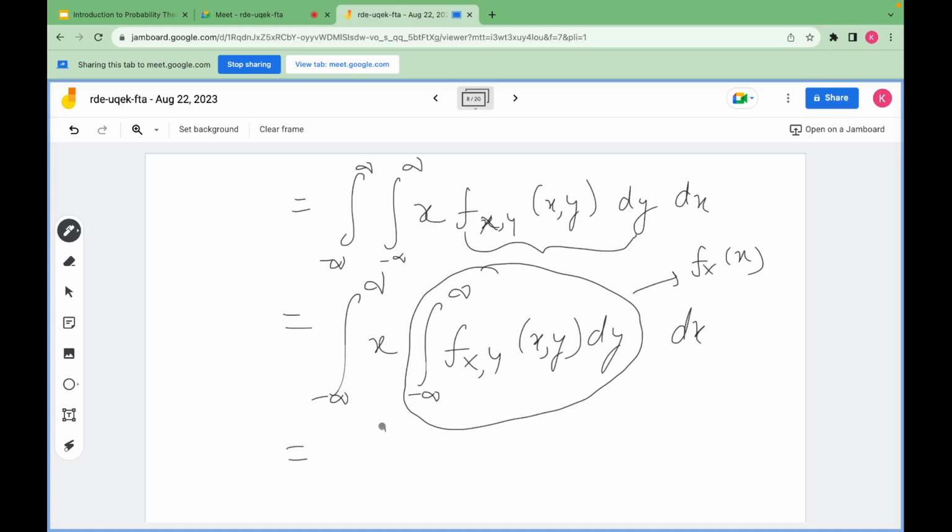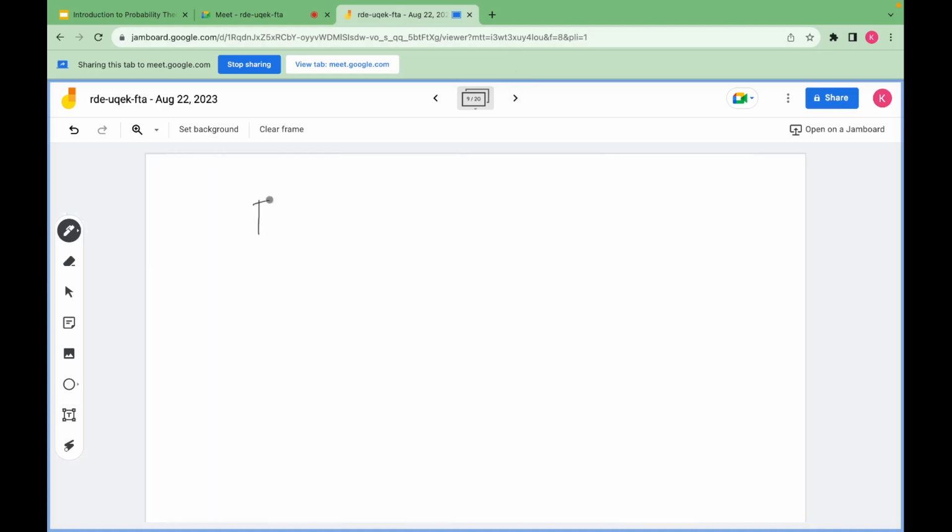So from here we get the integral of x f_X dx, which is nothing but the expectation of X. So this is a very important result: the expectation of E[X given Y] is equal to the expectation of X.